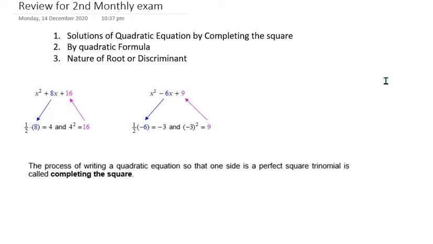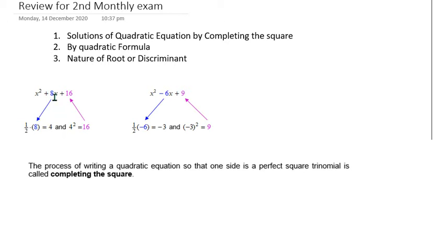be written in a square of a binomial. And to write the square of the binomial, we start with the perfect square trinomial. For example, here we have x squared plus 8x plus 16. To make this into a factored form, you're going to get 1/2 of the middle term.